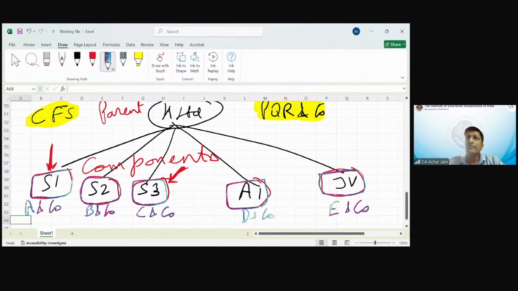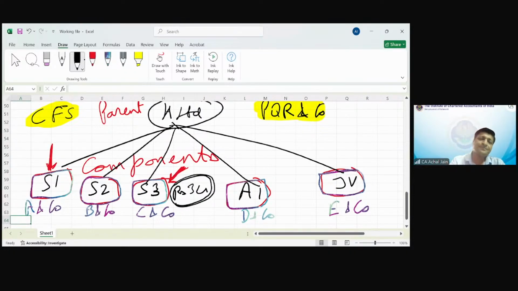For example, say PQR has computed a materiality of, let's suppose, rupees 3 crore for S3. Why? Because PQR is looking at the CFS, and considering the CFS, rupees 3 crore is considered as the materiality amount to be allocated to S3.